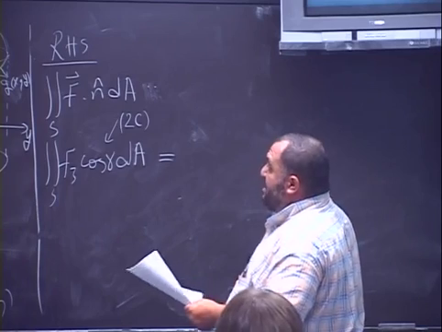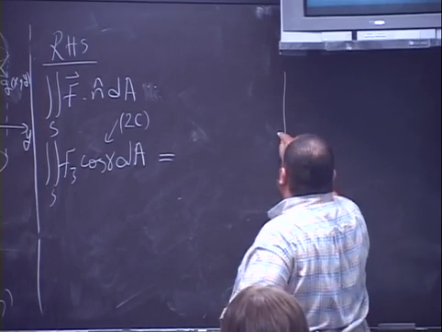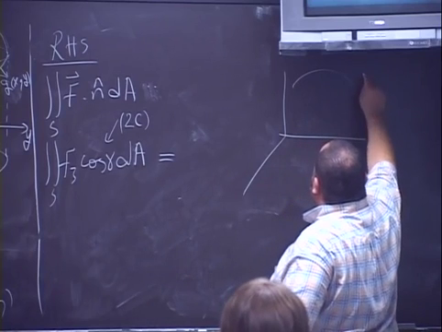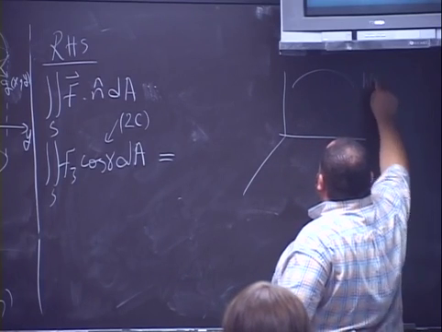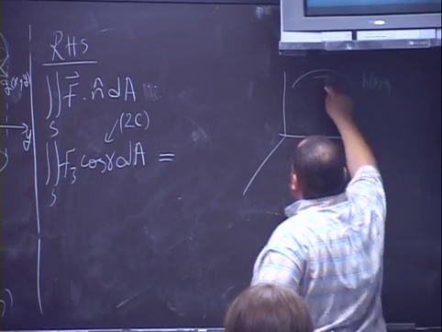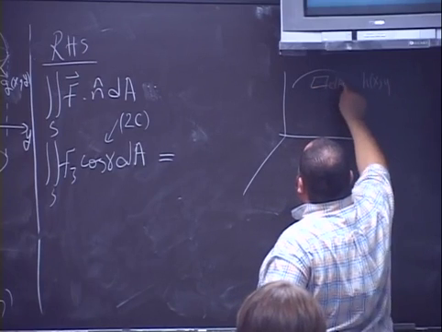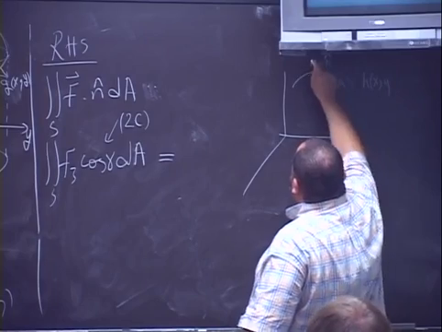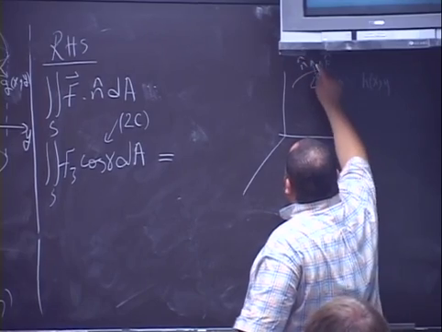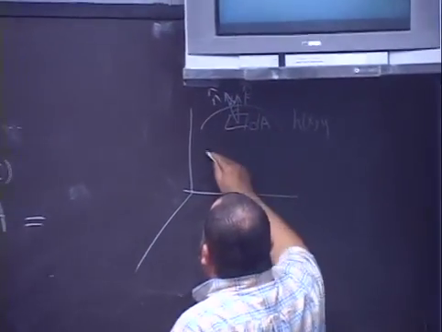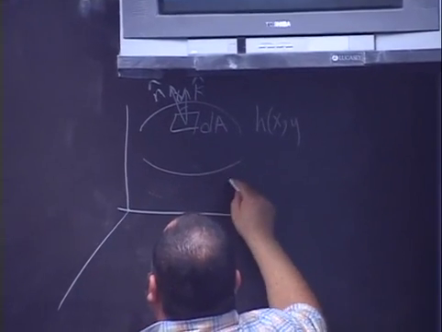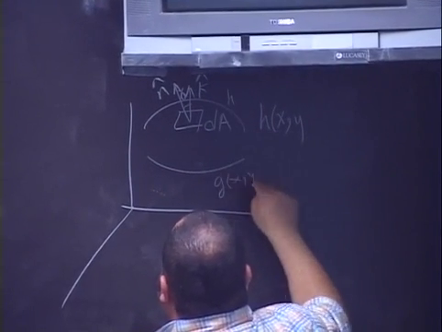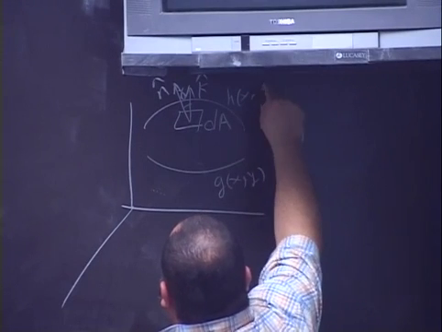So this will be equal to. Now, here is the surface what? h of x and y. And the area dA is here. This is again k direction. This is the unit normal. And in between there is an angle what? Gamma. And this is h, and this is g of x and y, and this is h of x and y.